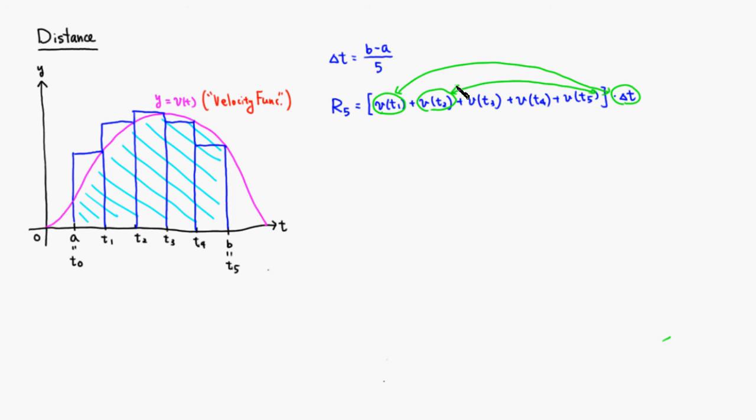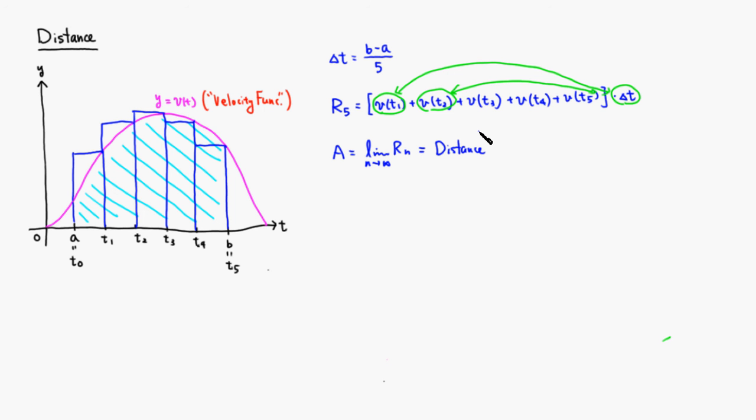If you want the area under the curve, we can take the limit of Rn as n approaches infinity. But this area represents the distance traveled by whatever is moving with the given velocity.